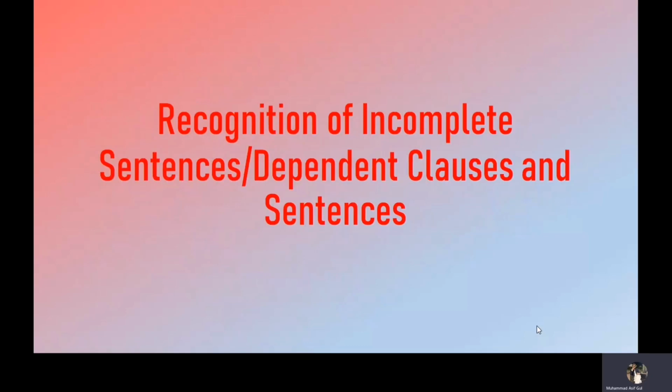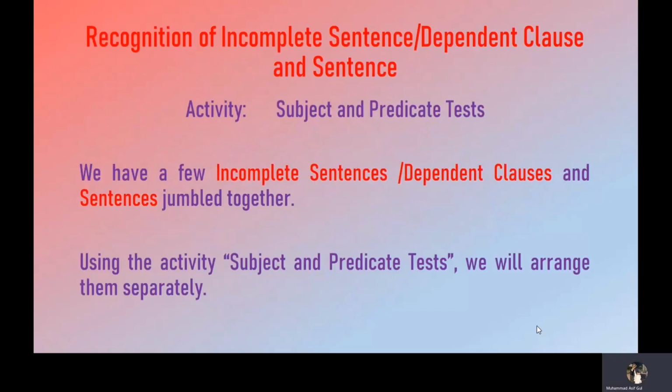So we will be learning to differentiate between subordinate clauses, dependent clauses, or incomplete sentences and complete sentences. We will be using the same activity of subject and predicate tests.